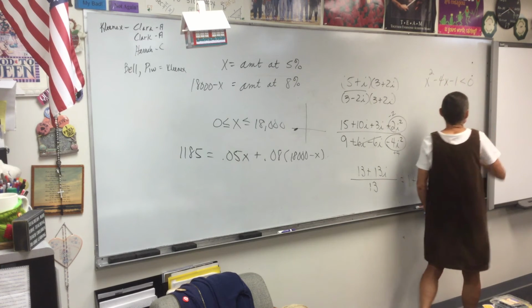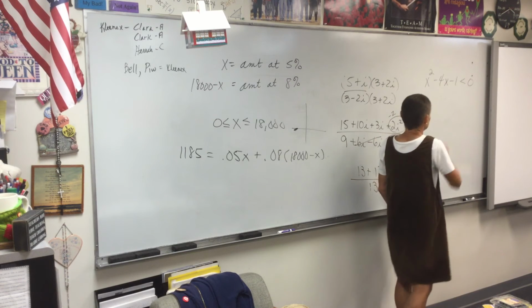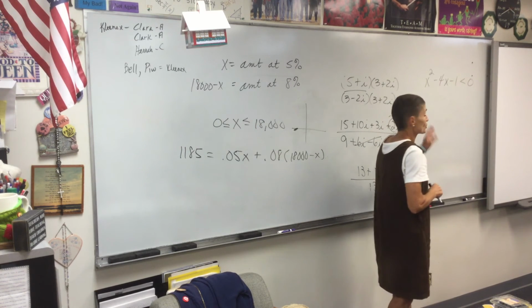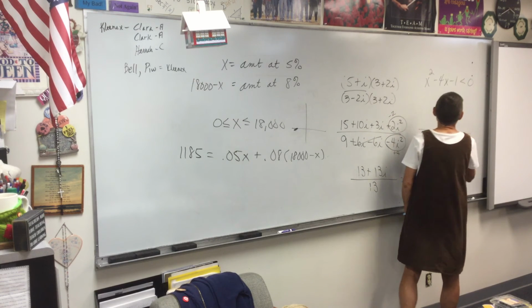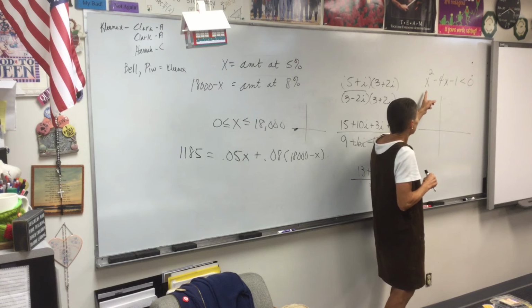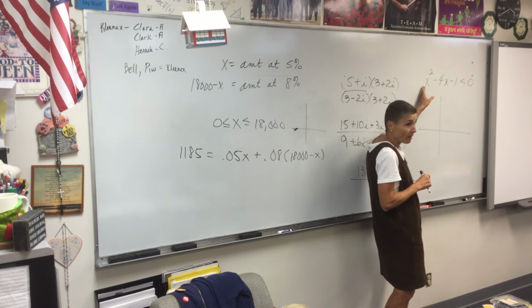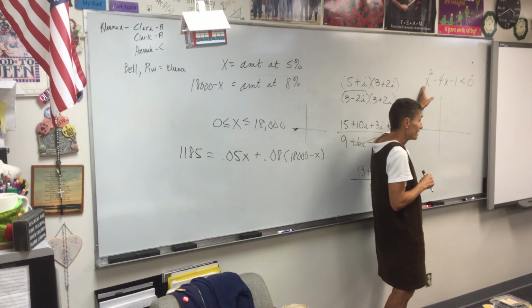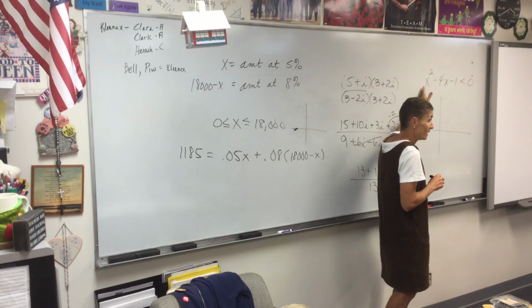Okay, this is the kind of thing I'm talking about you have to be able to do on your calculator. This does not factor, it says solve graphically. So I'm going to graph this on my calculator. I don't have time right now to put it in because I have 2 minutes, but it's going to be a parabola. I know that, right? Because it's an x squared, and I know it's a parabola opening up.